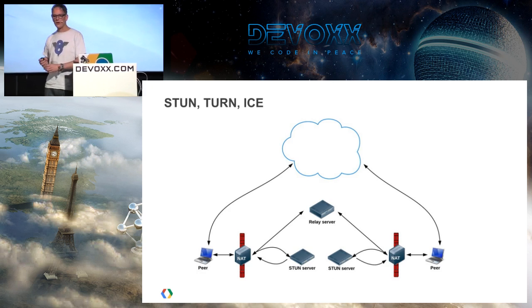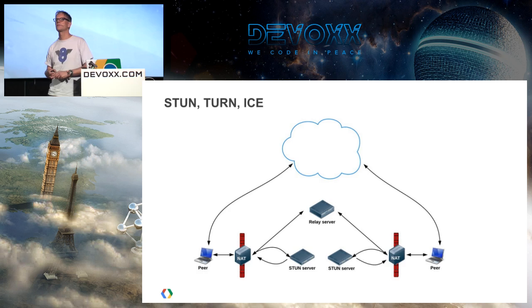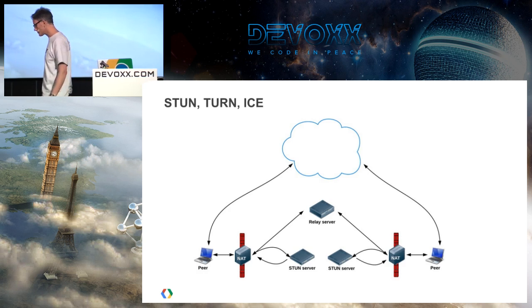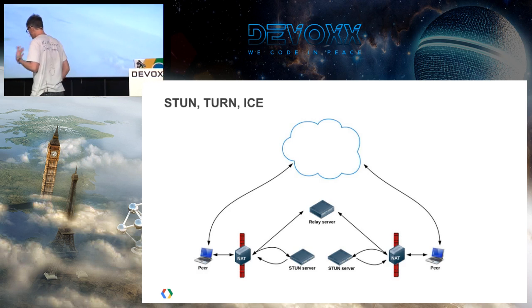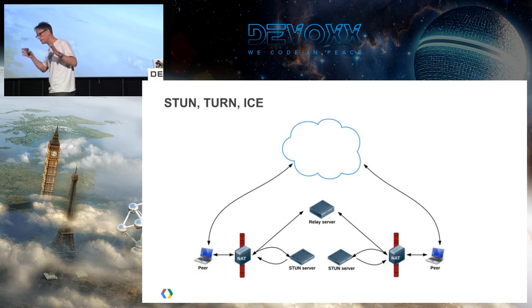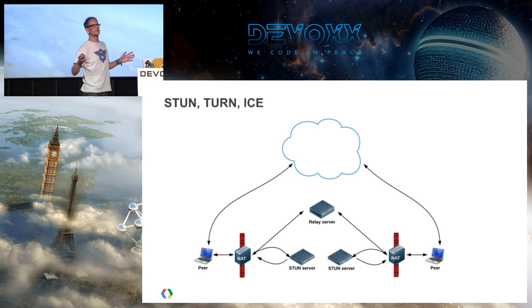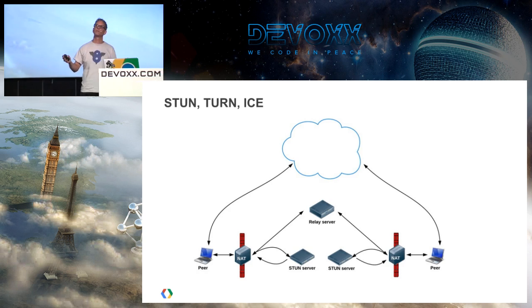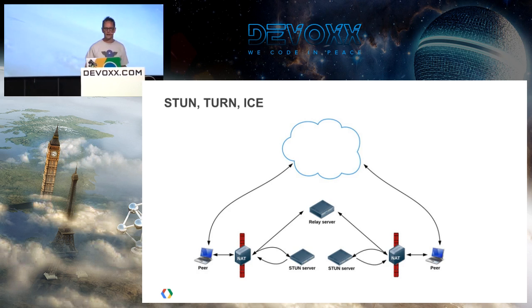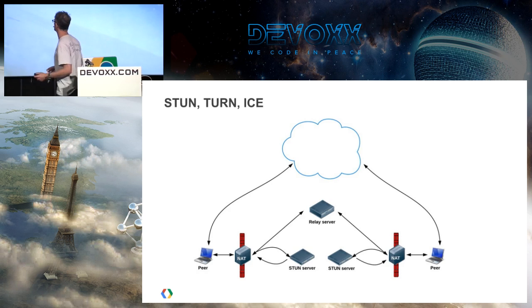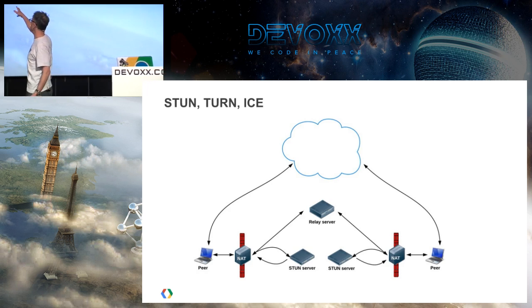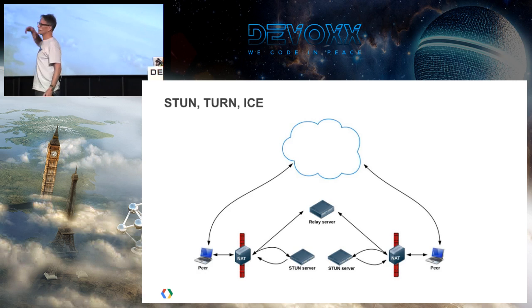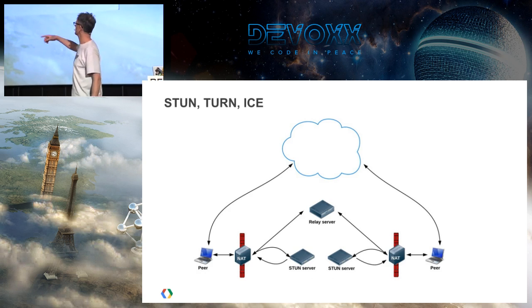The intention, obviously, of WebRTC is to have communication using RTP, UDP between peers. But if all else fails, you can use what are called TURN servers. TURN servers are simply relay servers. I think I've got a diagram of this, which doesn't really show you much, but the point is that WebRTC is designed to cope with the failure of direct communication.